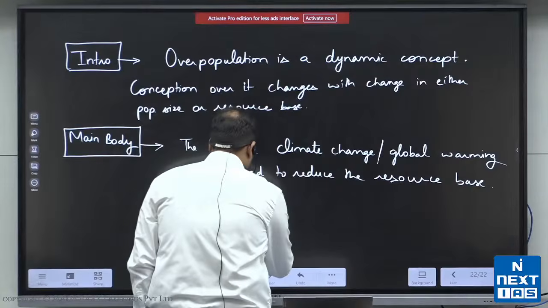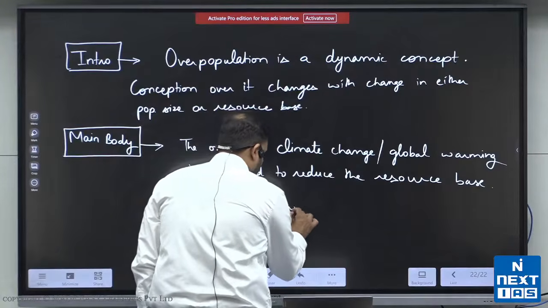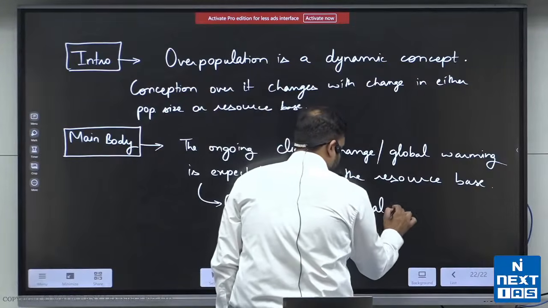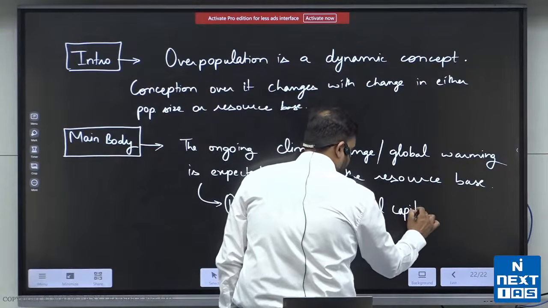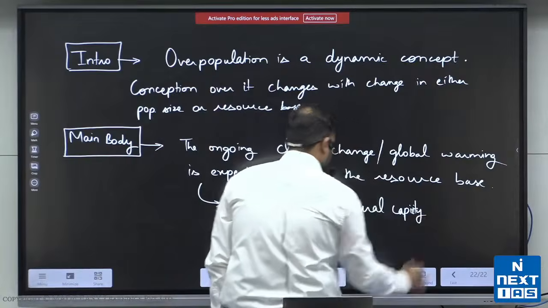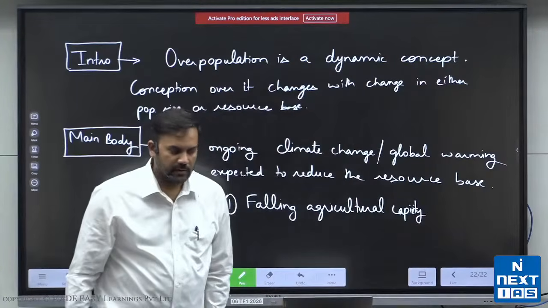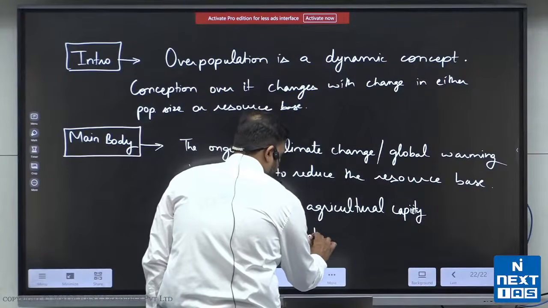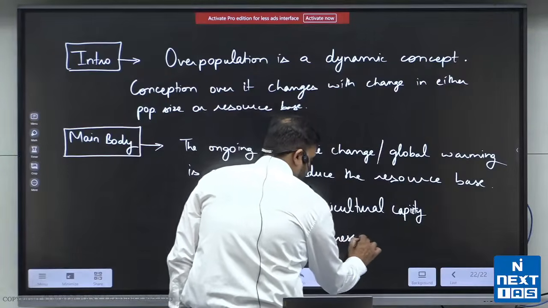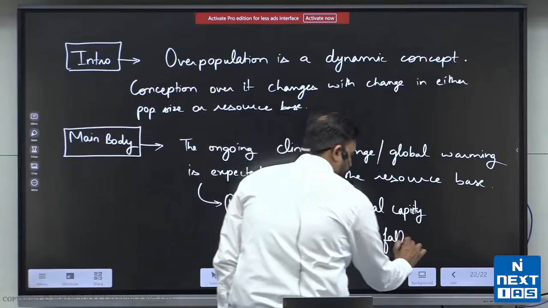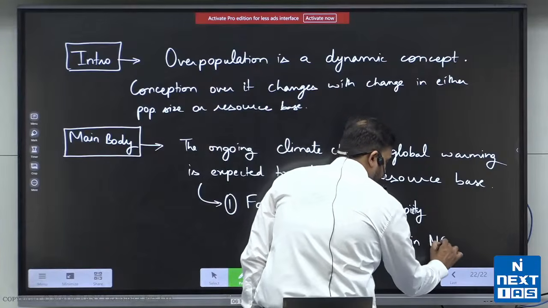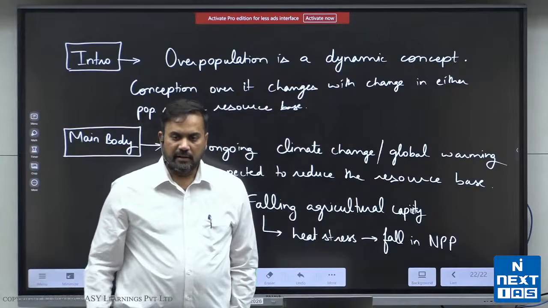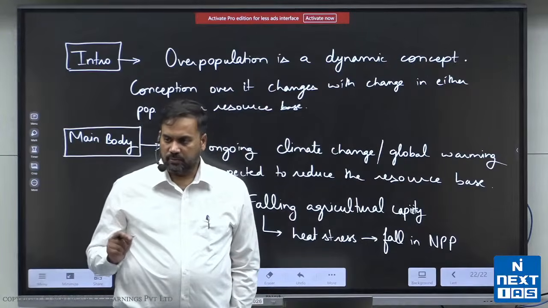So falling agricultural capacity. So several reports have shown that heat stress is leading to fall in net primary productivity of crops.